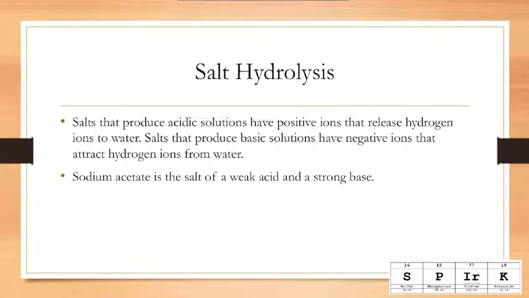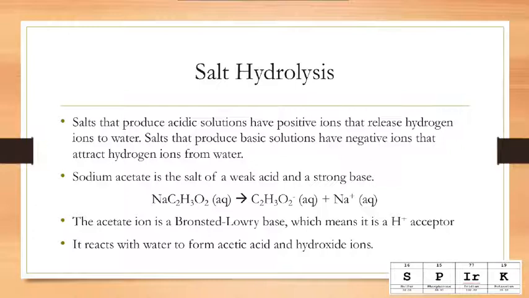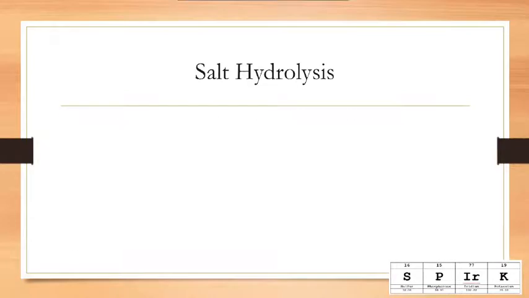Sodium acetate is the salt of a weak acid and a strong base. The acetate ion is a Bronsted-Lowry base, which means that it is an H+ acceptor. It reacts with water to form acetic acid and hydroxide ions.